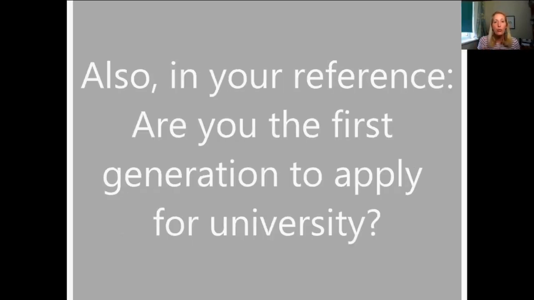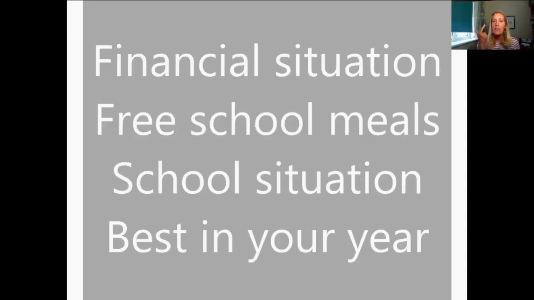Also, in your reference, we want to know if you were the first person in your family to apply for university or the first generation to apply. If you had financial hardship in your family, or you ever needed free school meals, or other circumstances that may have gone on. Perhaps your school was fantastic. You were the best in your year. We want to know that.